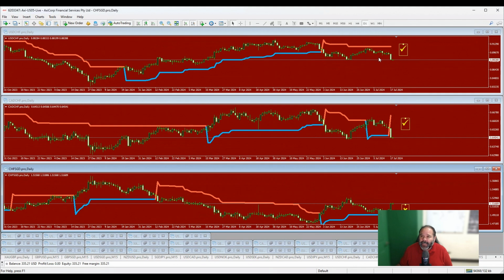It's the marks that I do that says this pair and this pair are correlated positively. And this one with the X is negatively correlated. Okay. So as you can see, on the daily time frame, this is down, and this is up. There's the correlation that I need.